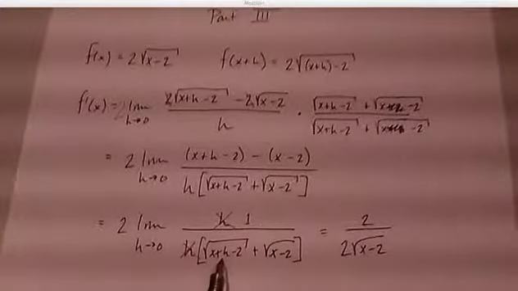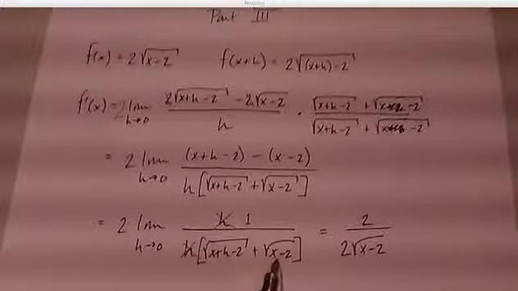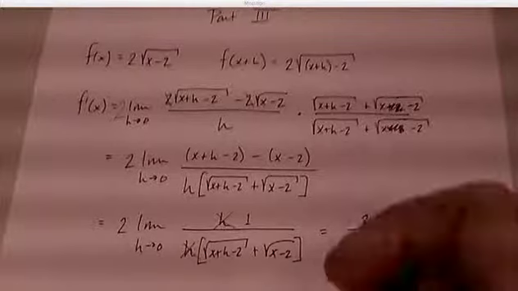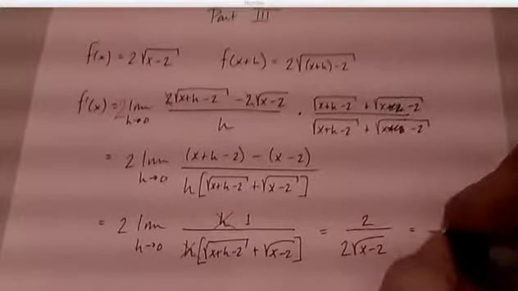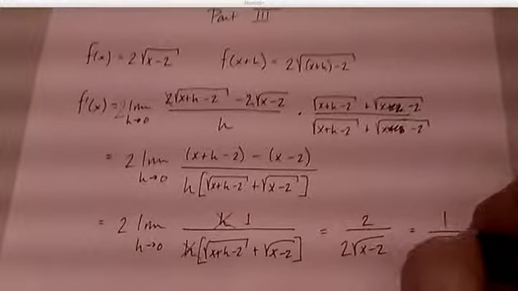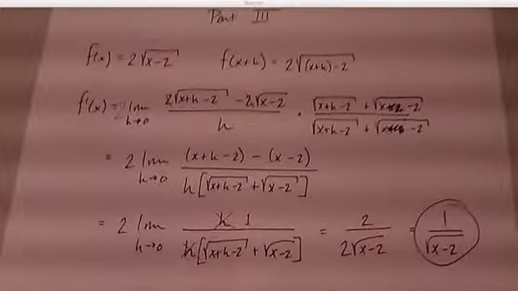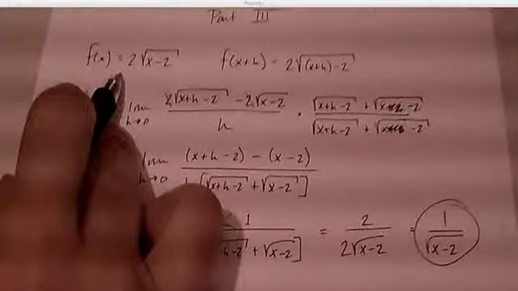right? Because when the h gets plugged in, that just turns into root x minus 2, and when you add something to itself, there are 2 of them, which winds up being 1 over rad x minus 2. And that is the derivative of this original function right here.